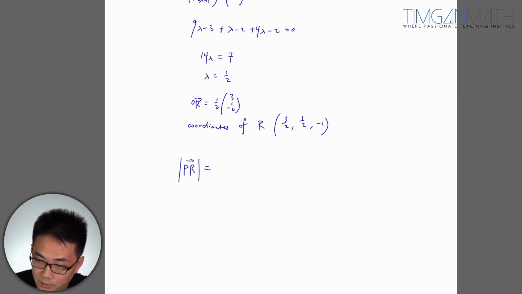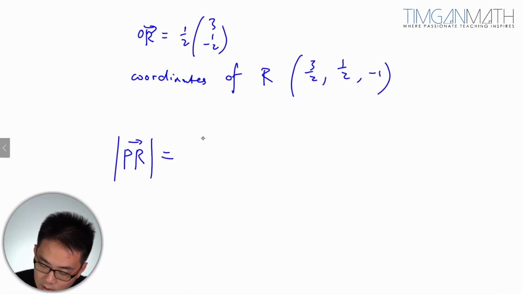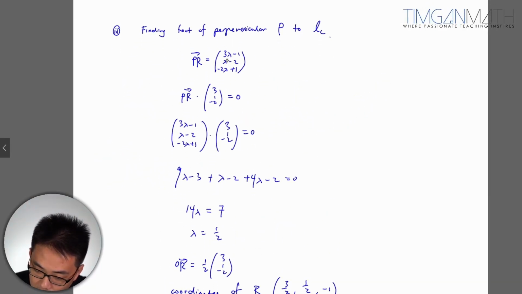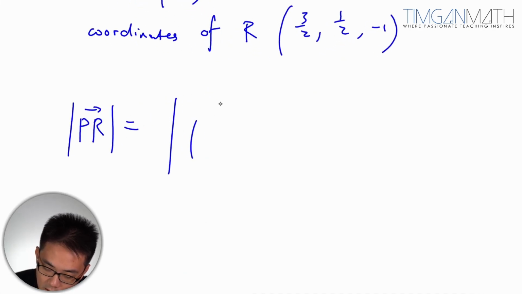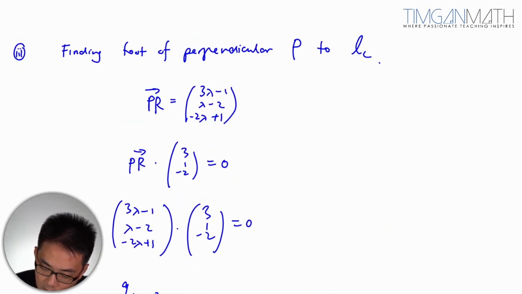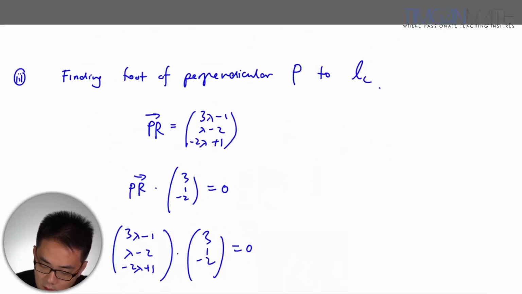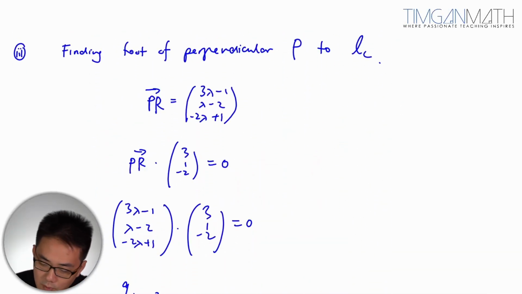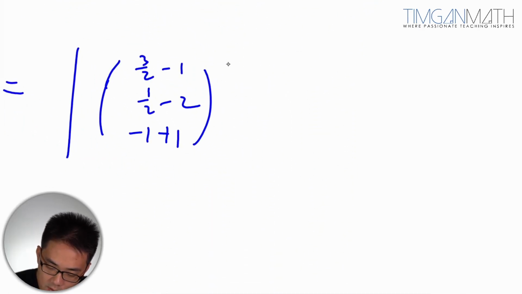PR will be (3 times half minus 1, half minus 2, negative 2 times half plus 1), so negative 1 plus 1.